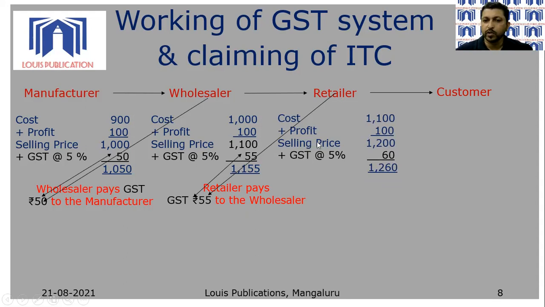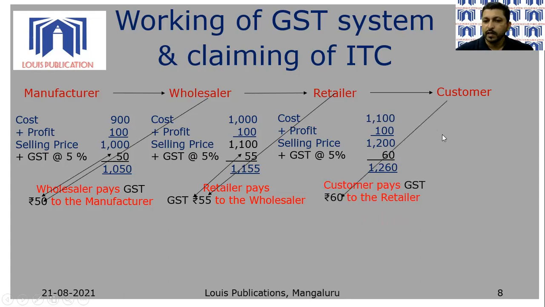So the selling price of the retailer would be 1200 rupees. On that, GST amount is 5%. We are keeping the rate at 5%. So 5% of 1200 will be 60 rupees. That means to say the customer will pay 1260 rupees to the retailer. And in that 1260, 60 rupees is the GST amount that the customer will pay to the retailer.